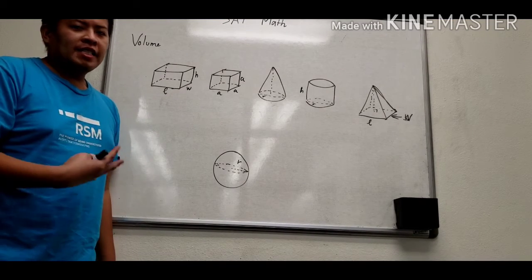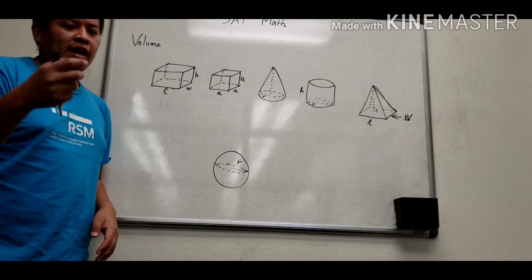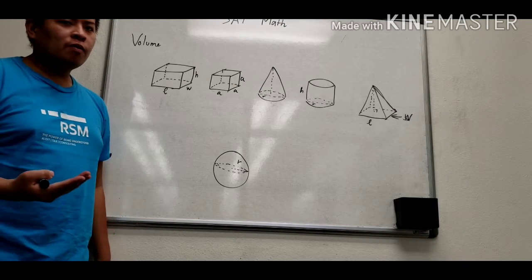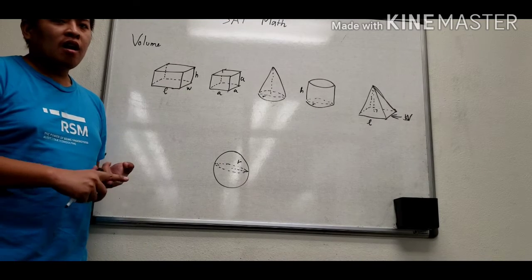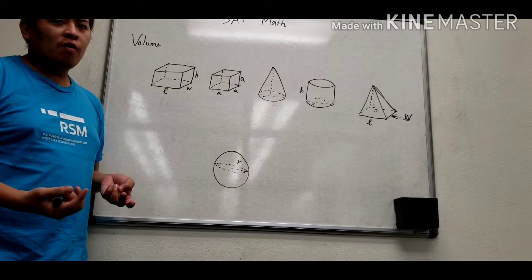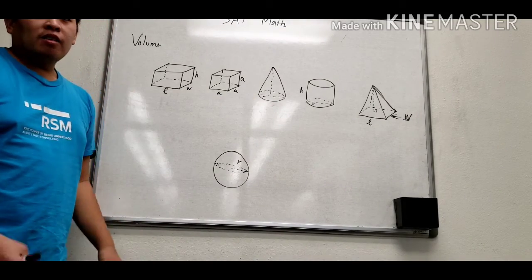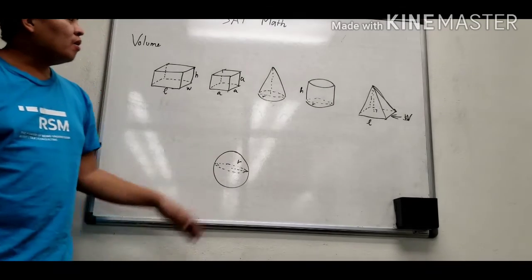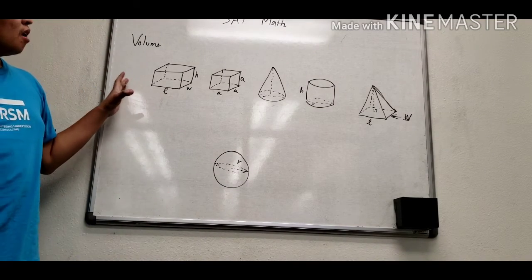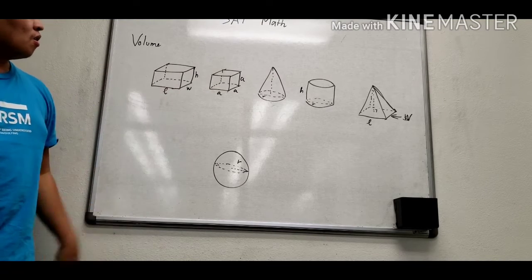In the SAT math they will provide you the figure and ask you to find the volume, for example of a tank, or a cone, or a building. So you need to learn different kinds of volume here. On the SAT math, they concentrate on only 6.